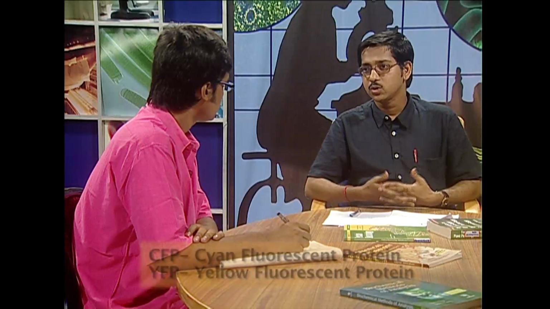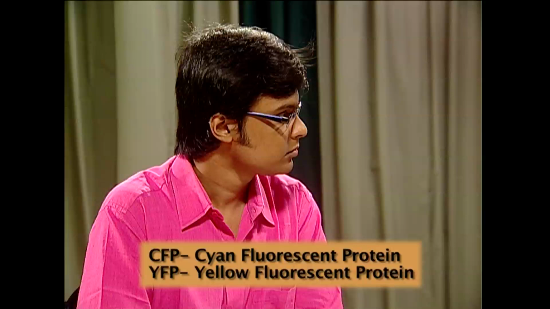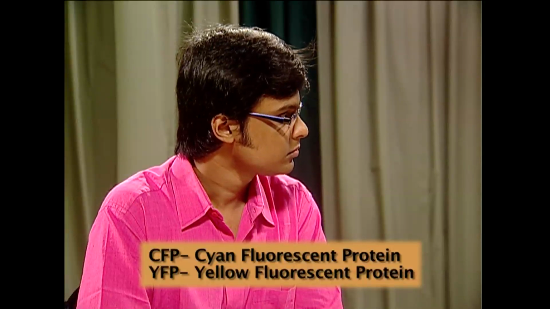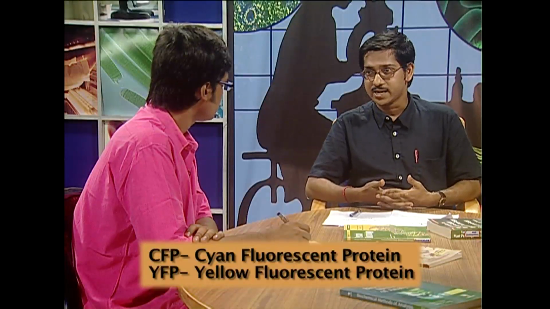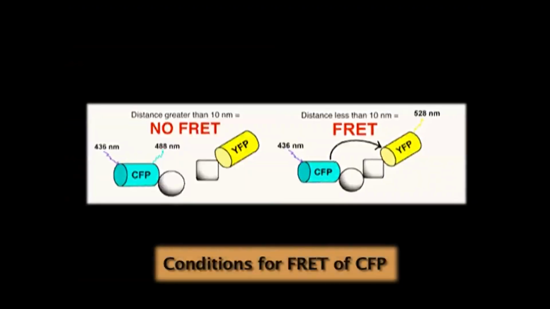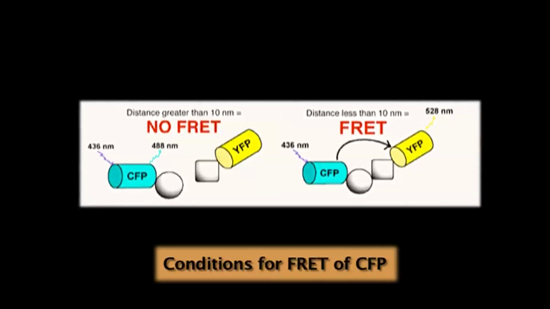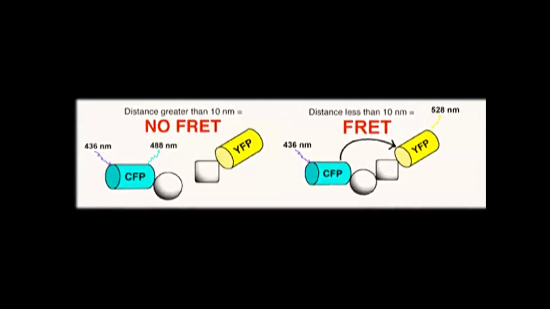If I take calcium calmodulin or even some other proteins, I will tag one protein with a CFP, which is cyan fluorescent protein, and the FRET pair for CFP is YFP, so I will tag the other interacting protein with YFP. Now, as you look at the figure, a particular orientation of these two proteins should be there, as well as these two fluorophores should be there for FRET to occur.